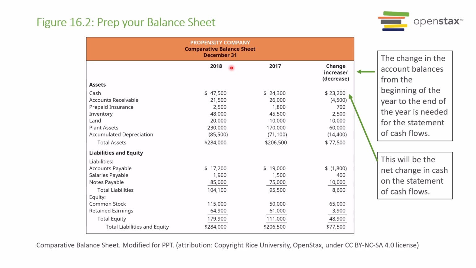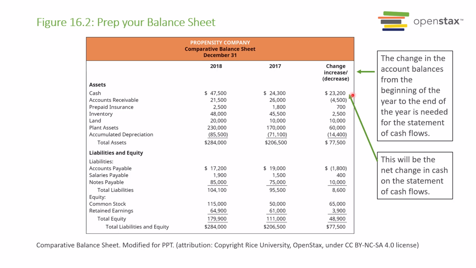The way that we prep our balance sheet is to go line by line on the whole balance sheet, all assets and all liabilities and equity, and note the difference in amounts. How much did that particular line item from the balance sheet change from one year to the next?